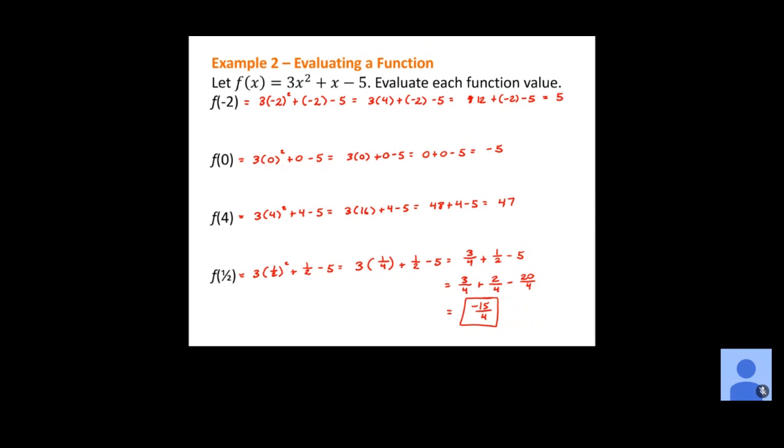Now, you could also get a decimal for that, right? So this would be negative 3.75. Because if you were to put it all in the calculator, right, it's probably going to give you a decimal. Any questions on any of those now?